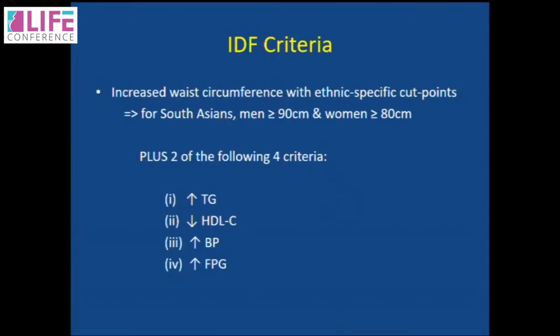For the purpose of this audience, for South Asians, the cut points are a little different, which I think is more realistic for the population we deal with here: a waist circumference of more than 90 centimeters in men or more than 80 centimeters in women, plus the presence of any two of the following four criteria: increased triglycerides, reduced HDL cholesterol, increased blood pressure, or increased fasting plasma glucose.